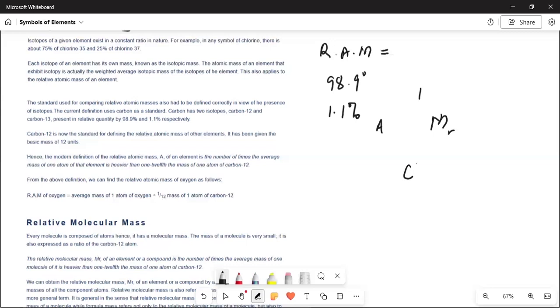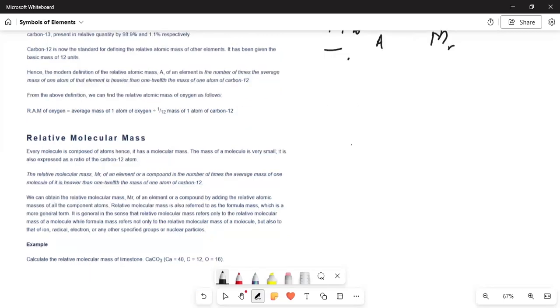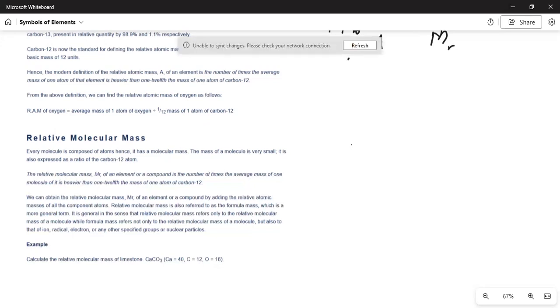Now, for a molecule of a compound, you can obtain the relative molecular mass by adding all the relative atomic masses of the elements present in that compound. In some discussions, you may see relative molecular mass also referred to as relative formula mass. It becomes formula mass when we are talking about things like charged particles or radicals, because you cannot say a molecule of a radical.